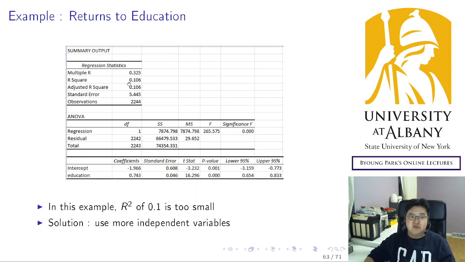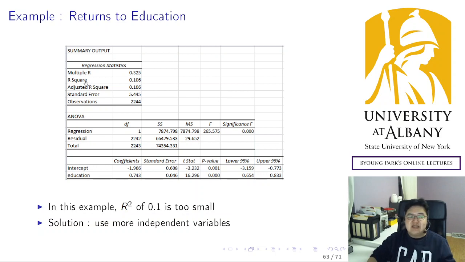It's reasonable. Still, it is very high, right? It tells you that education is a very powerful determinant of wage, considering how many factors you need to consider to explain the wage, right?